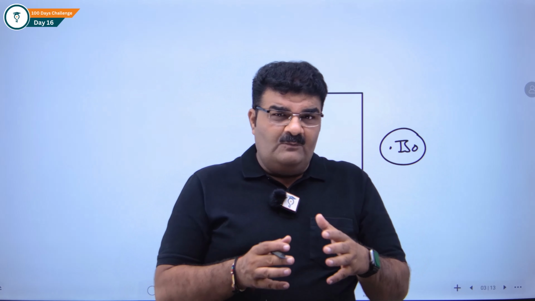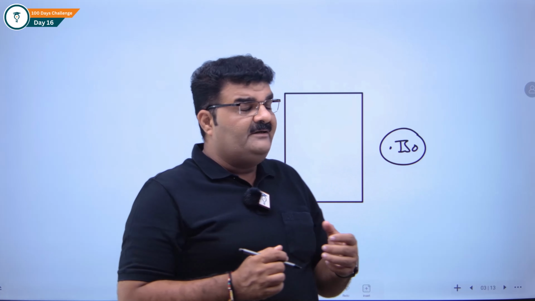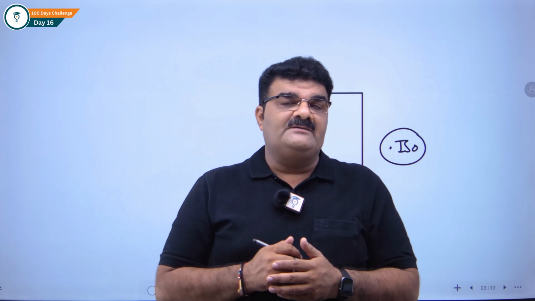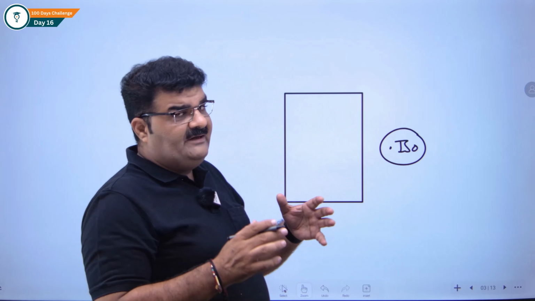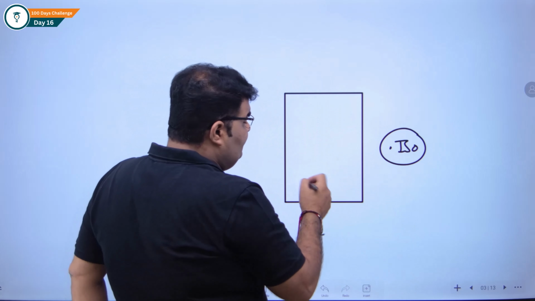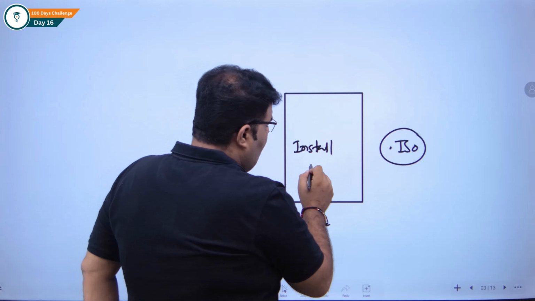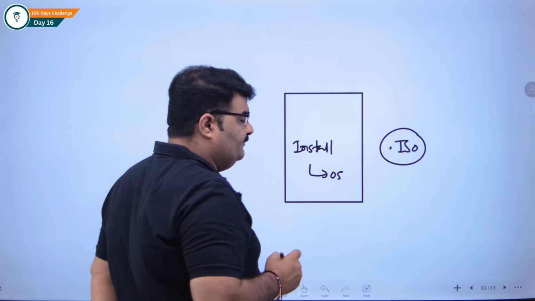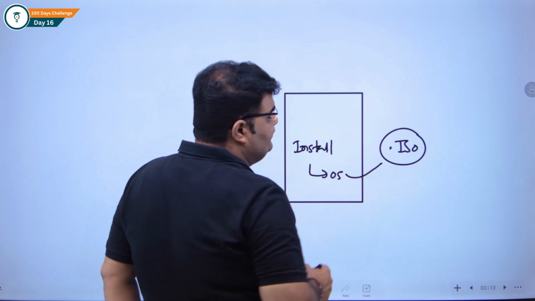It will take almost 15 to 20 minutes based on the configuration of your hardware, and then you can use it. So in normal circumstances, when we have any virtual machine or physical machine, we have to install an operating system, and to install this, we are using an ISO image.